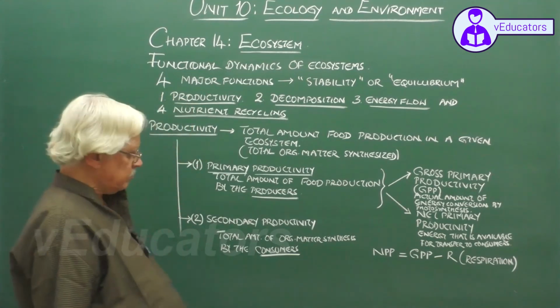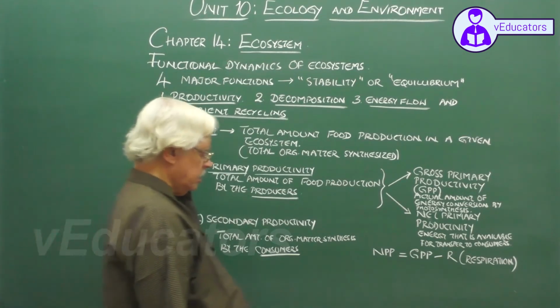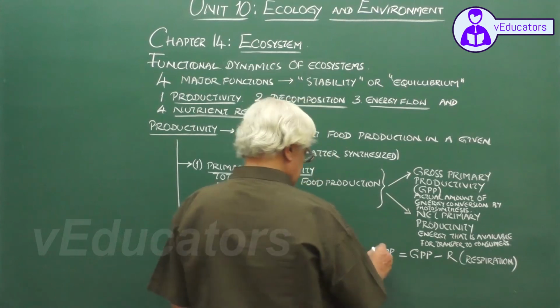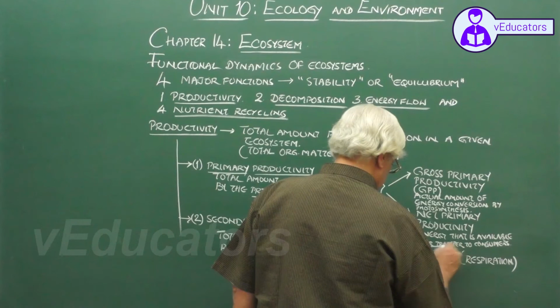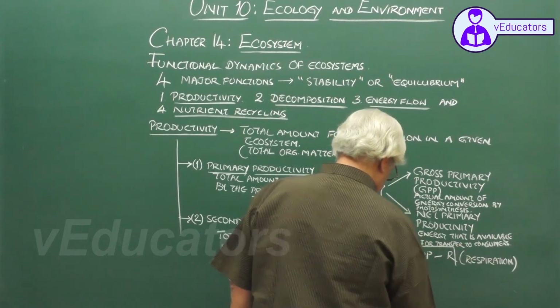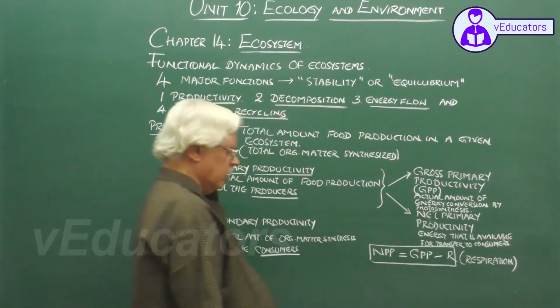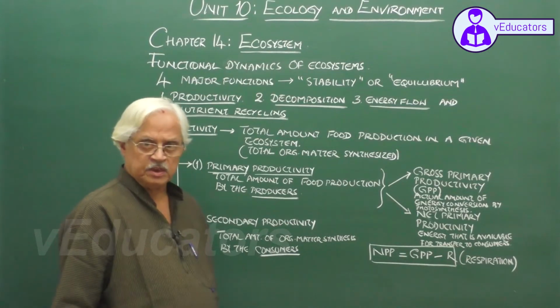So NPP, net primary productivity, equals GPP, gross primary productivity, minus R, respiration.